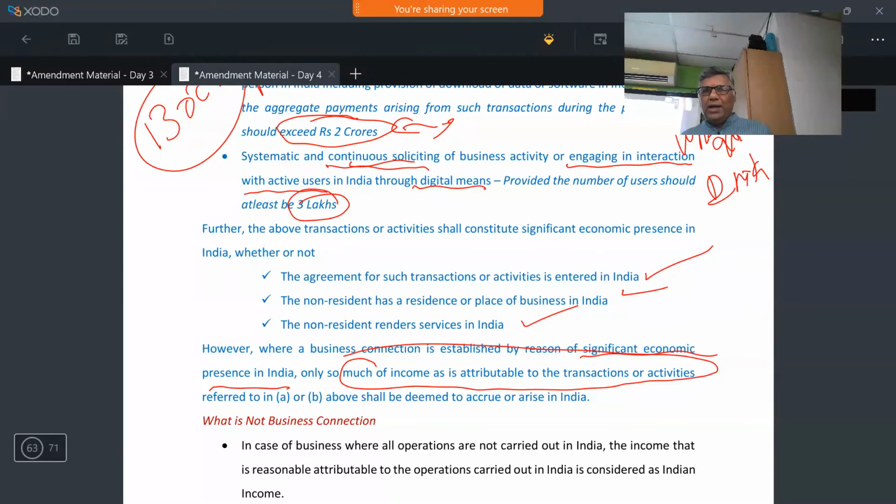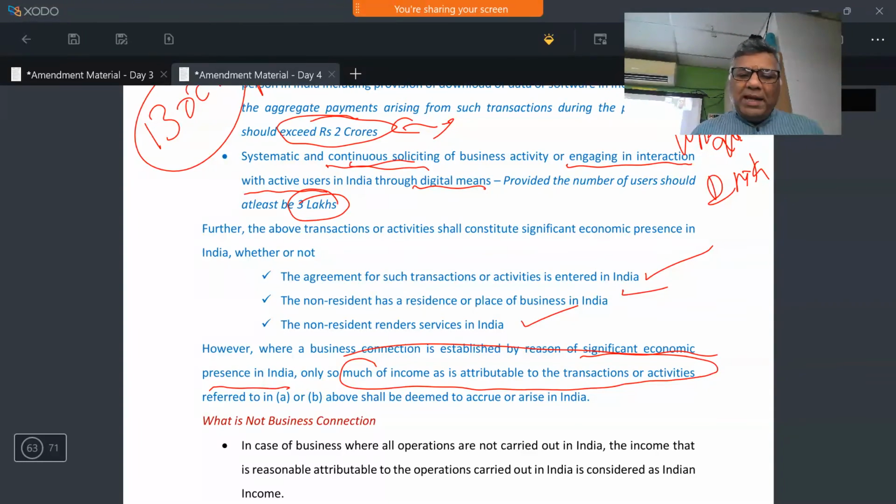I am only going to tax their Indian income. Am I clear to you? It is not, I would call, an administrative provision to monitor. They have brought in the significant economic presence.